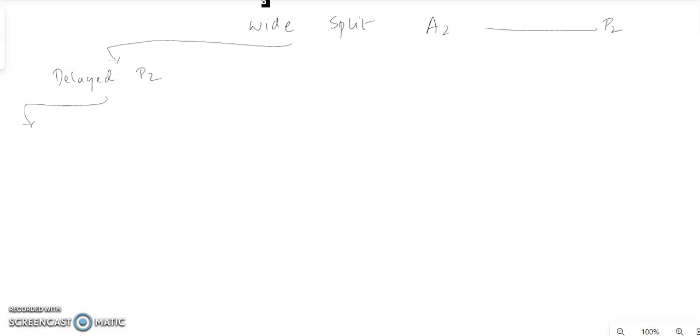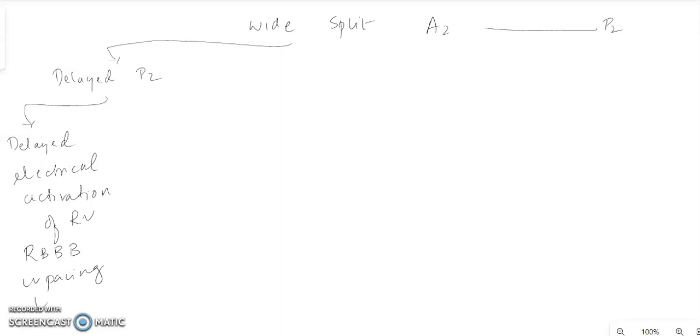It might be due to delayed electrical activation of the RV, such as RBBB, or LV pacing and LV ectopics, where there is relatively early LV activation.